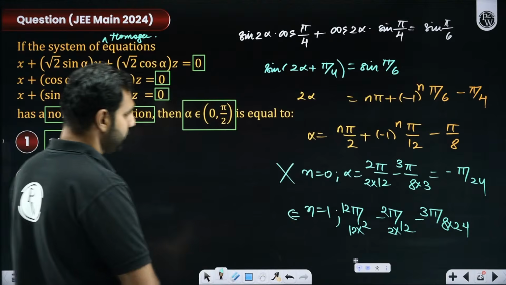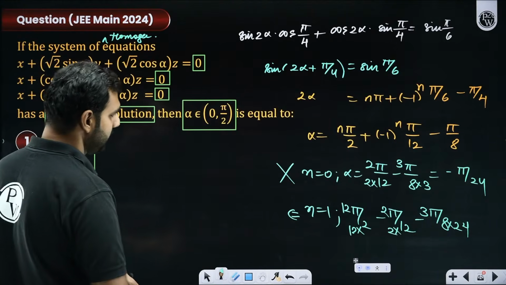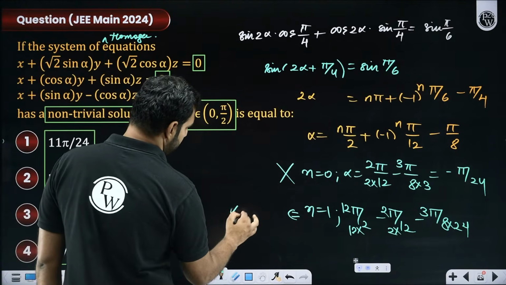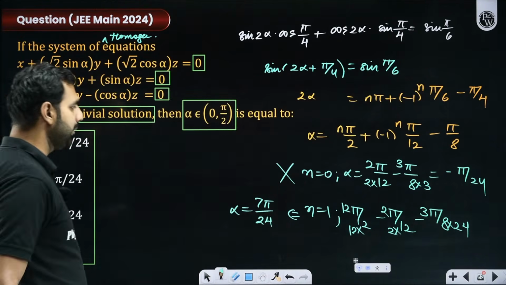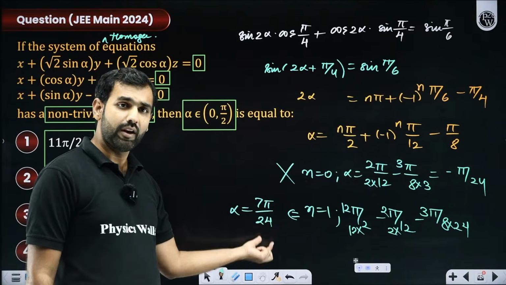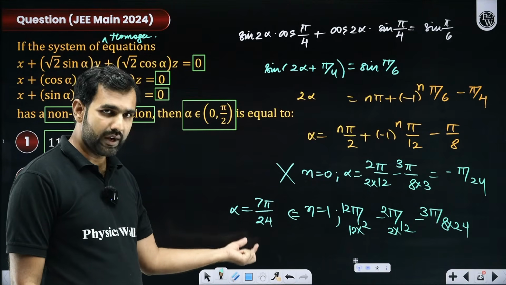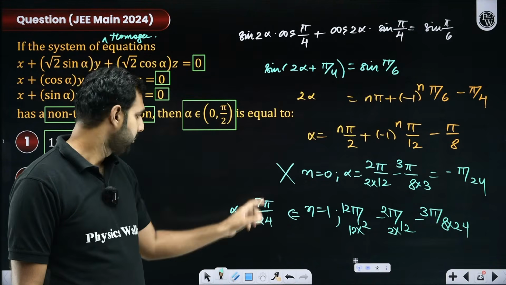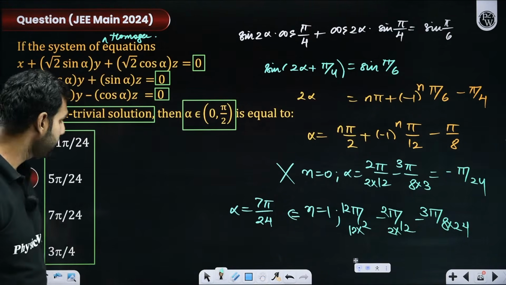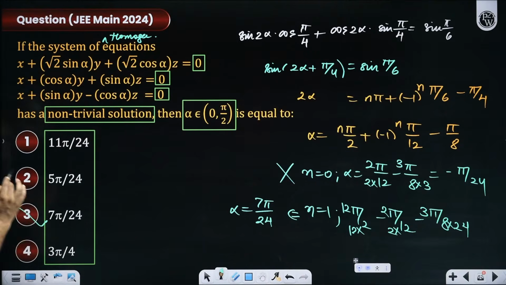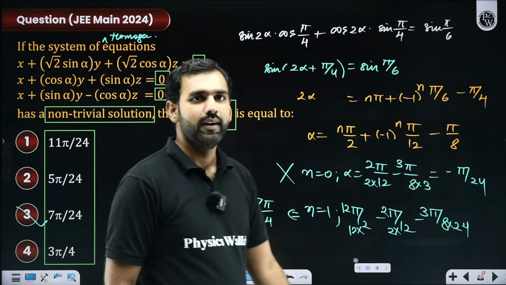So 12 minus 5 I think is 7. So alpha you receive as 7 pi by 24. Had it been 12 pi by 24, it would have been pi by 2. But it is 7 pi by 24. It is less than pi by 2. Getting it, everyone? So 7 pi by 24 is your option C.